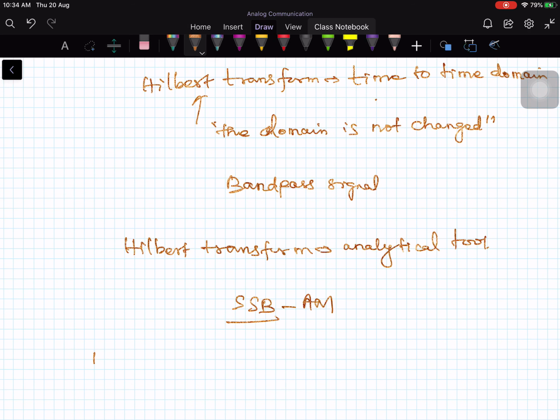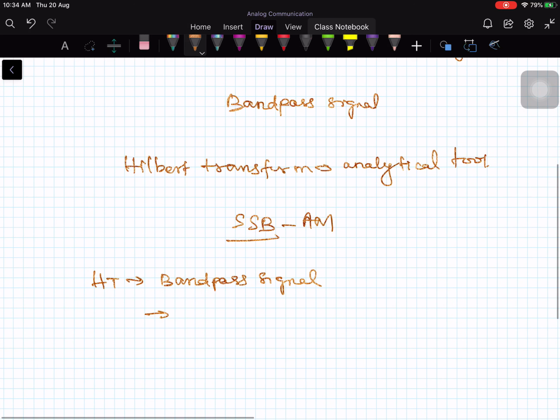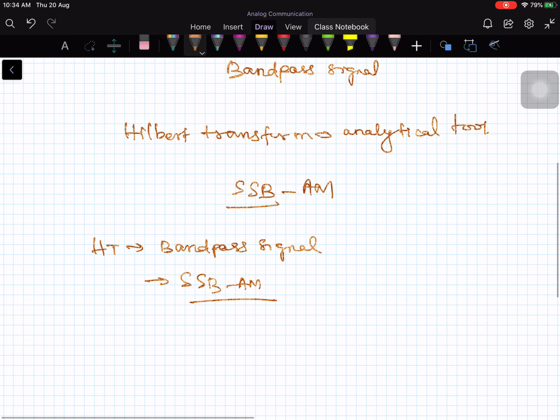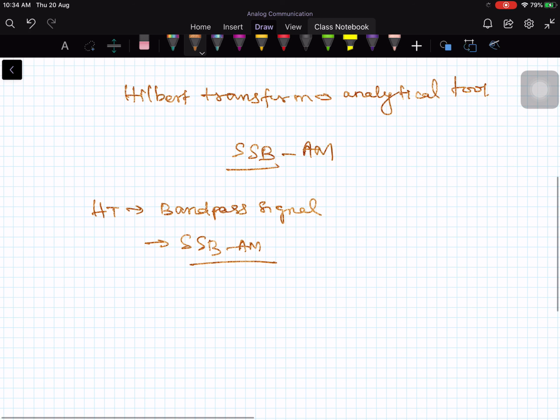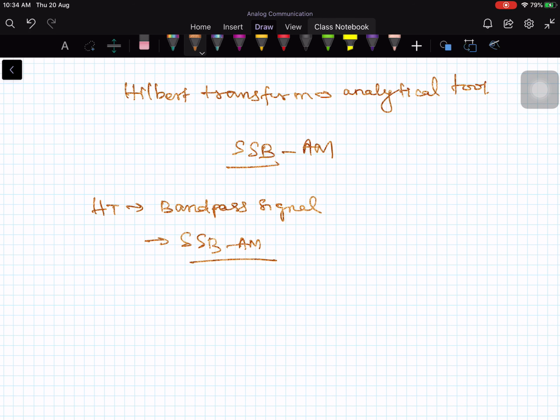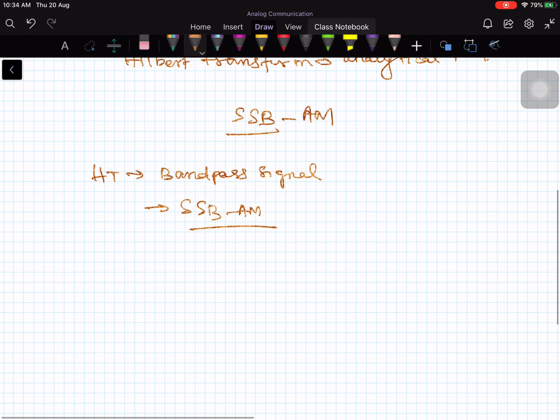Therefore, the Hilbert transform is used to represent band pass signals that we will be frequently using, and also to represent single sideband AM modulated signals. Since this application will only come later, in this class we will only discuss what the Hilbert transform is all about, and how it can be used for representing band pass signals in general. That is our main business in this lecture.